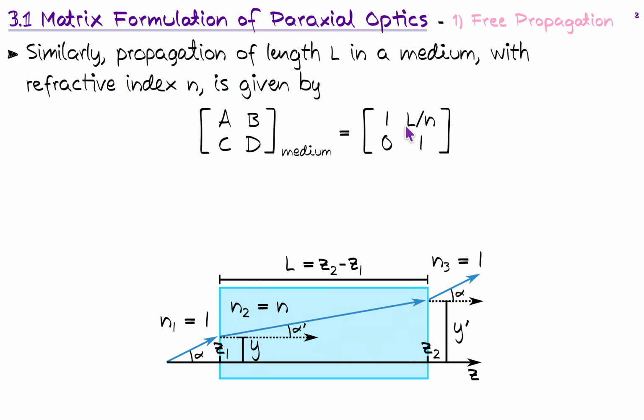So we again have propagation, but with the refractive index N modifying things, so the ray is not propagating at the same angle at which it hits the Z1 plane. Hopefully this figure clarifies what happens.